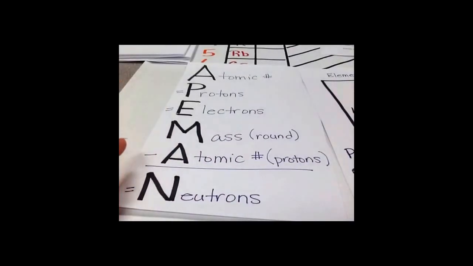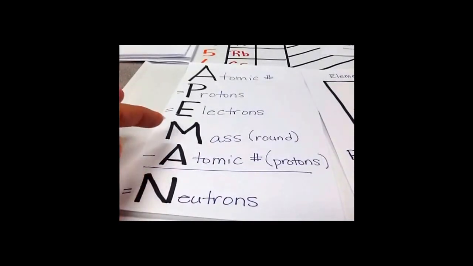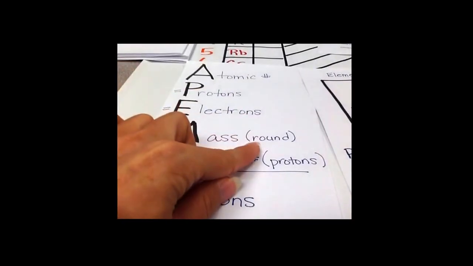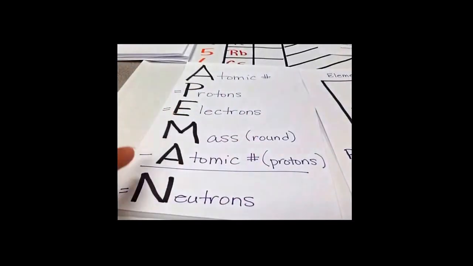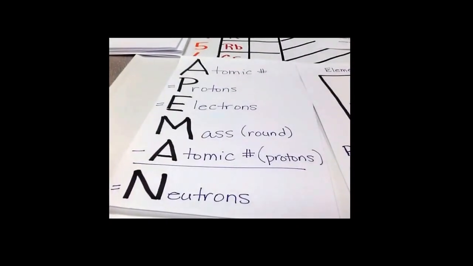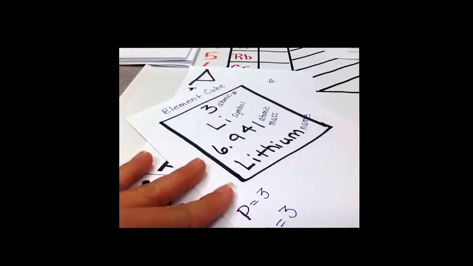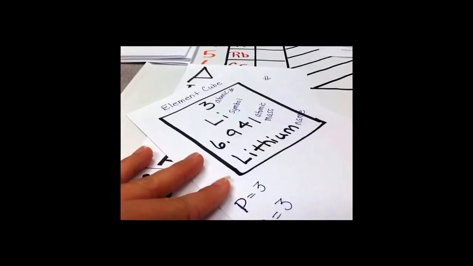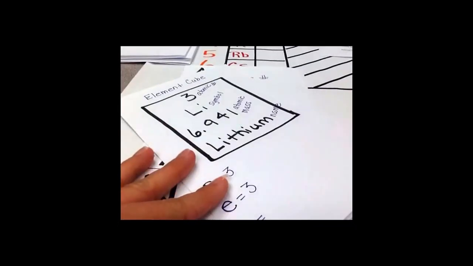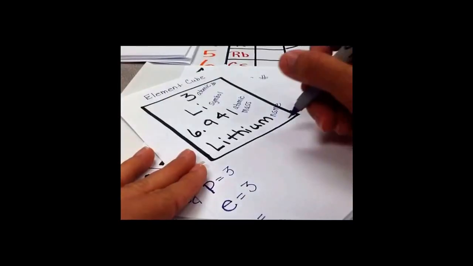Now, to find neutrons, you have to look at the mass, and there is a little trick. You do have to make sure it's rounded. Subtract the atomic number, and you can find your neutrons. So let's look at our atomic mass. Our atomic mass is 6.941. If we round that to the nearest whole number, 6.9 will round to 7.